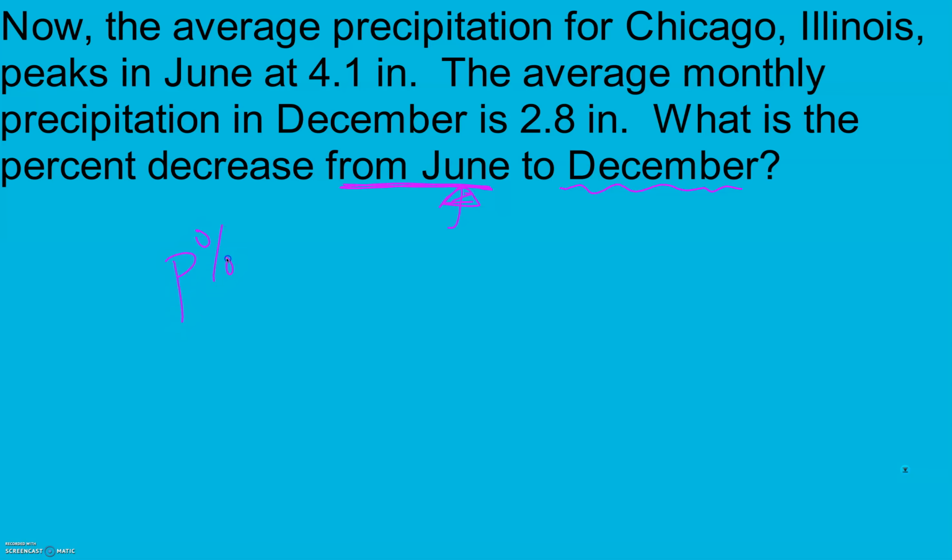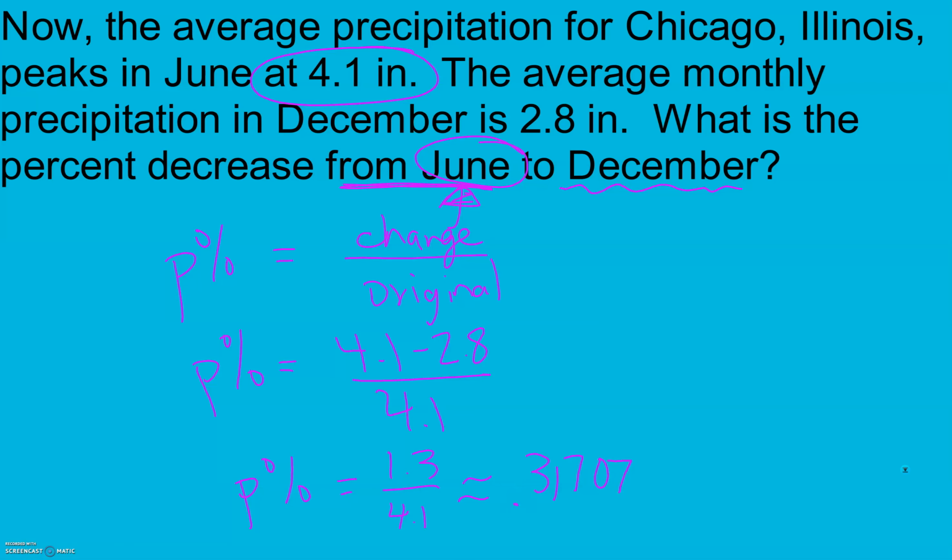So percent change is our amount of change divided by original. My change, I'm going to take bigger minus smaller. And again, we said June is our original, and in June it's 4.1. Subtract first, which gives me 1.3 divided by 4.1, which is about 0.31707.